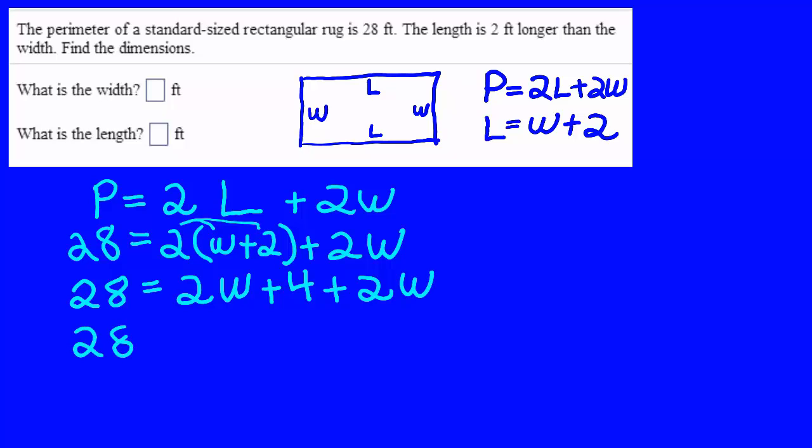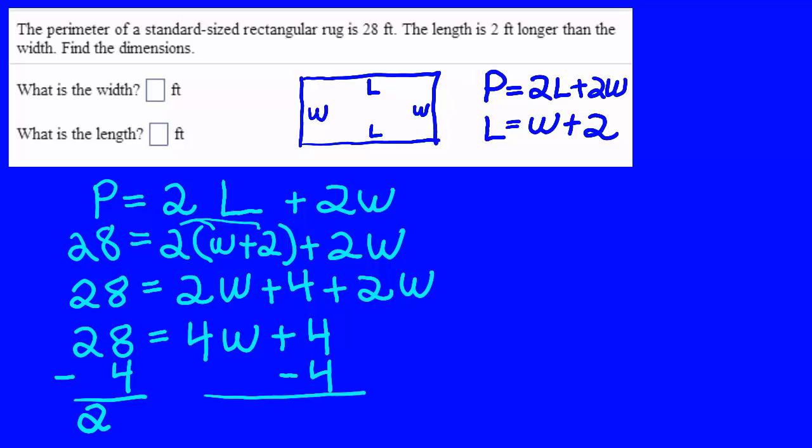So we'll have 28 equals 4W, because I'm going to add the 2W and the 2W together and bring down the plus 4. Then I'll move the constant terms together by subtracting 4 from both sides.